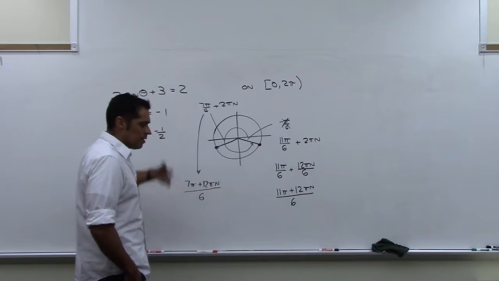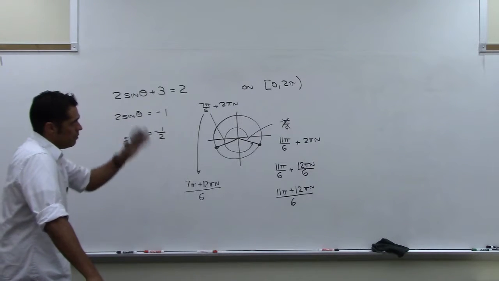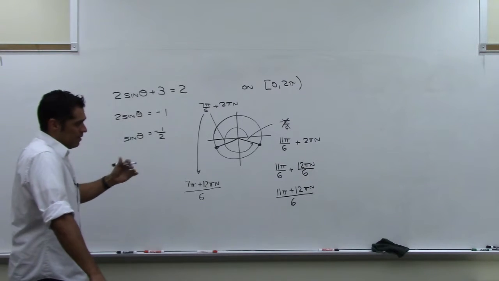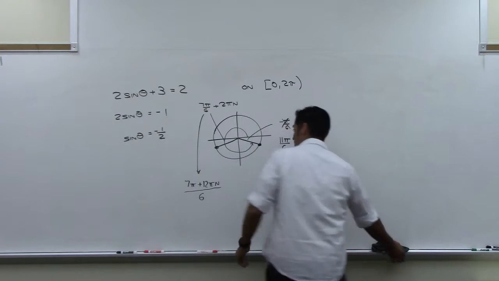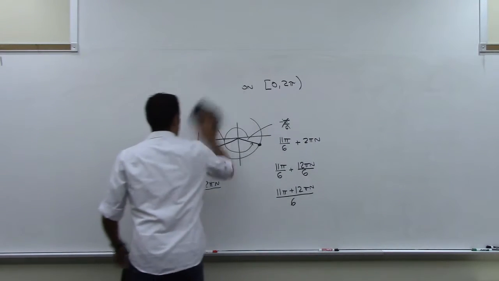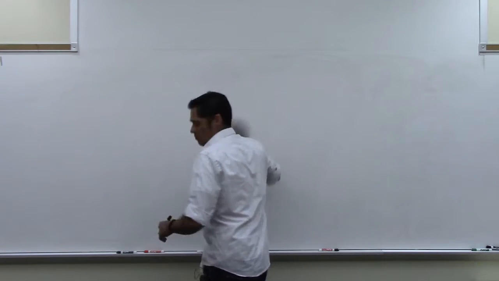And then we could cycle through different values of n being 0, 1, 2, 3, 4, until we were outside that interval. Or we could do n equals -1, -2, -3, and make sure we stay within this interval. All right, let's move on. 7 pi/6 and 11 pi/6 were the solutions to that equation on that interval.